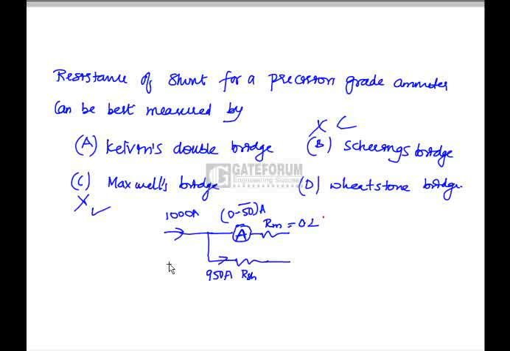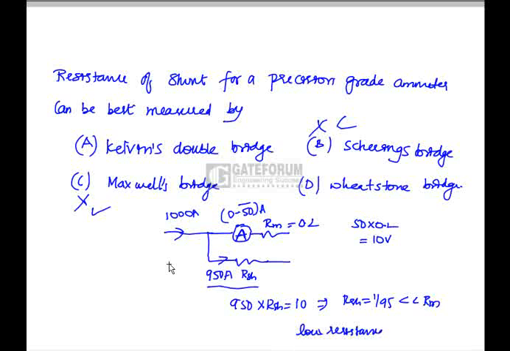What is the voltage across this one? Full scale deflection is 50 into 0.2, so this is 10 volts. Similarly, for the shunt resistance, 950 into RSH is equal to 10. So RSH is far less than the meter resistance. You can say this is low resistance measurement.